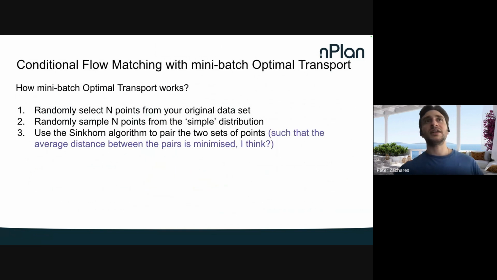You randomly select endpoints from your original data set, so you get 10 images, and then you sample endpoints from a simple distribution, like your Gaussian. Then you use something called the Sinkhorn algorithm to pair those points such that I think you minimize the average distance between any two points. What that means is there should be as straight a line as possible between any two points. Yeah, go ahead, Arvid.